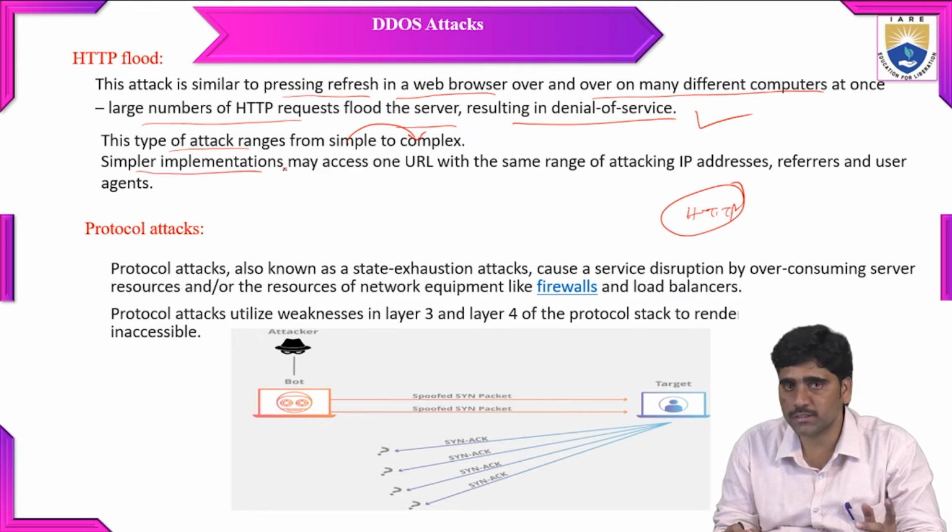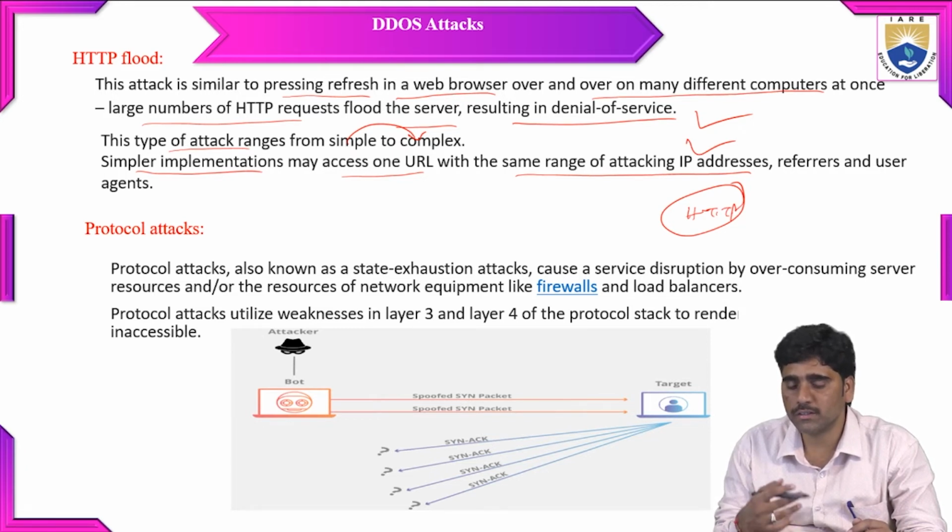Simpler implementations may access one URL with the same range of attacking IP addresses. So the URL is the same, but you are refreshing the page load multiple times. That means the range of attacking IP addresses is one, with referrers and user agents.